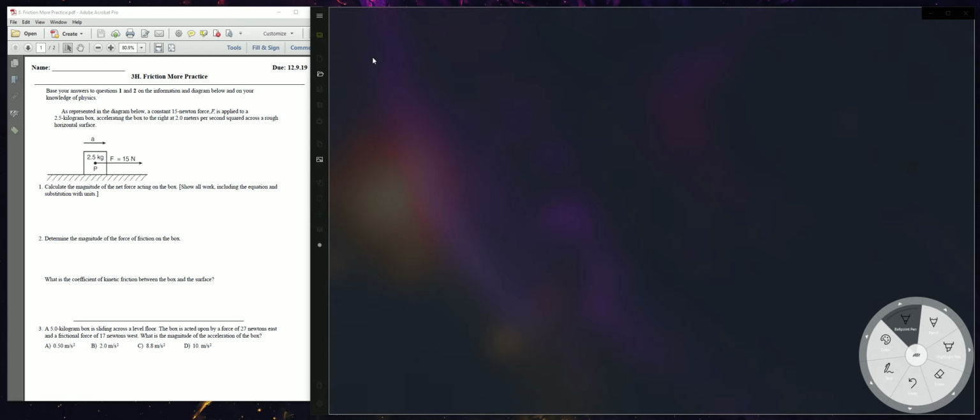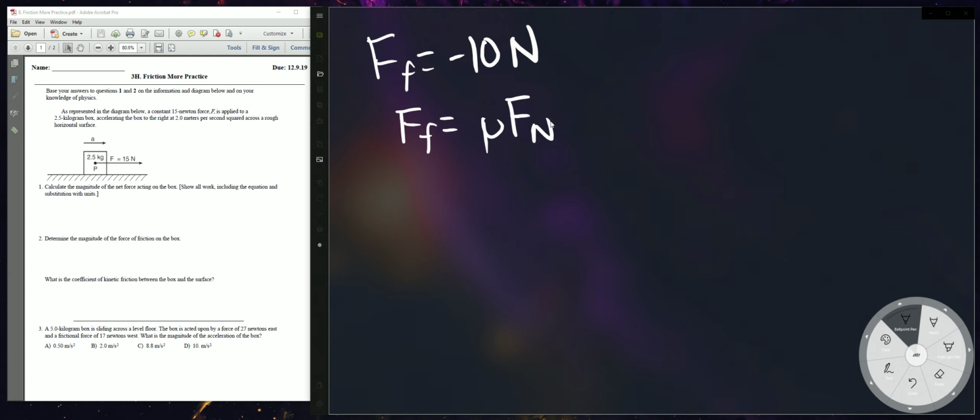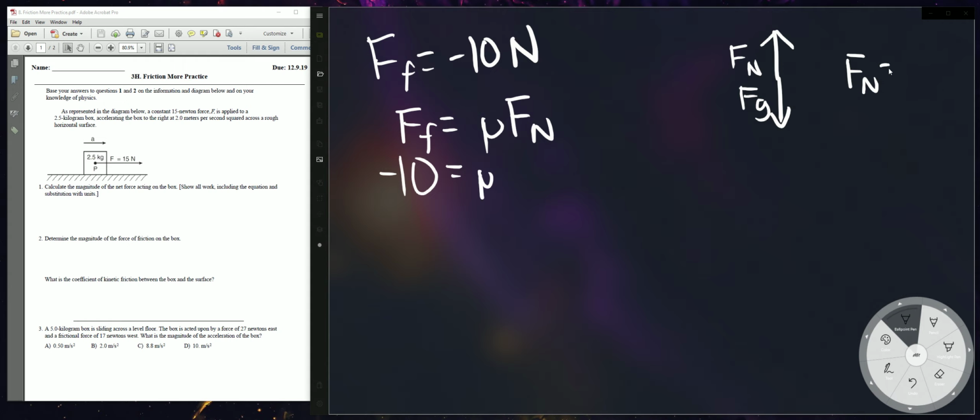What is the coefficient of kinetic friction between the box and the surface? Well, we know our frictional force is negative 10 newtons, and frictional force is mu times Fn. We don't know what mu is, and we talked about this: if the box is not moving up or down, we know that Fn is equal to negative Fg.